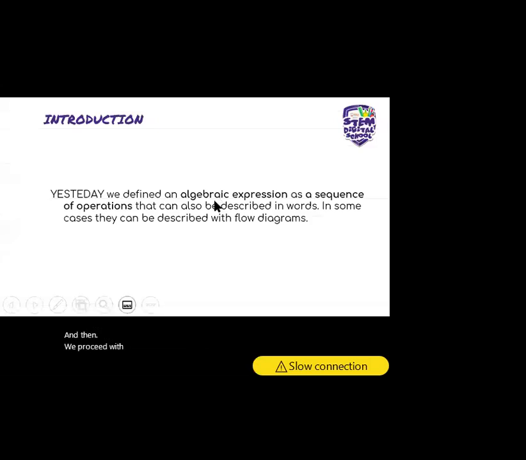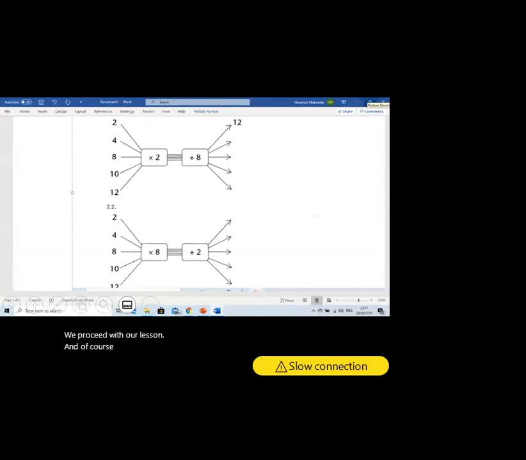And of course, first things first, we have a flow diagram, which we just need to use to find the output. Remember, we're given the input together with the rule in the flow diagram. And then we must use both the rule and the inputs to find the output values.